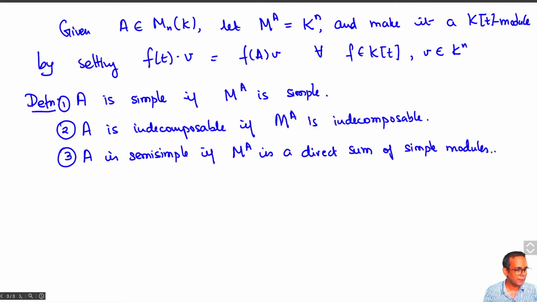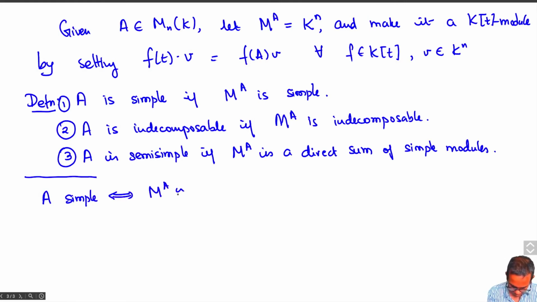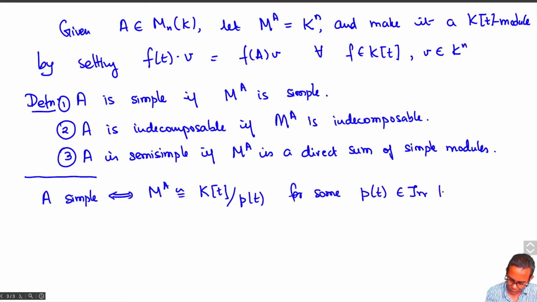So for example, if A is simple, then that means that M_A is isomorphic to K[T] mod P(T) for some irreducible monic polynomial P(T).